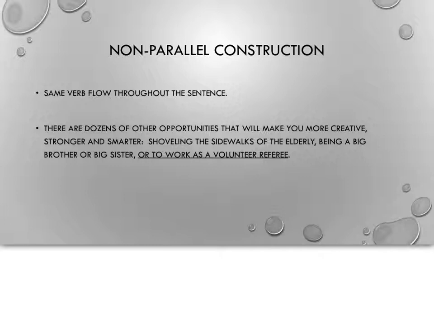And then you have "or to work as a volunteer referee." If you're going to have verb flow throughout the sentence, this has to say "or working as a volunteer referee," and you'll notice the -ing is consistent all the way through the sentence.